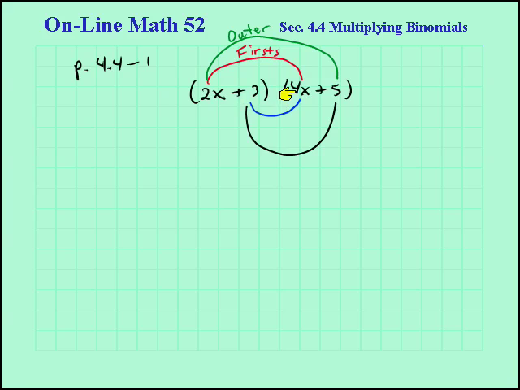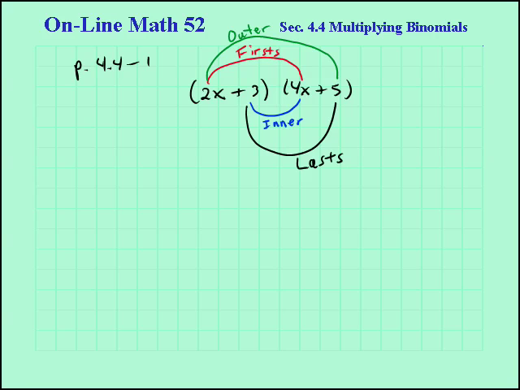So we'll consider their product the inner product. And to complete this, we'll consider the 3 times the 5 as the last of each binomial. The 3 is the last one here, the 5 is the last one there, and so we'll consider this the product of the lasts. And we'll write it that way.